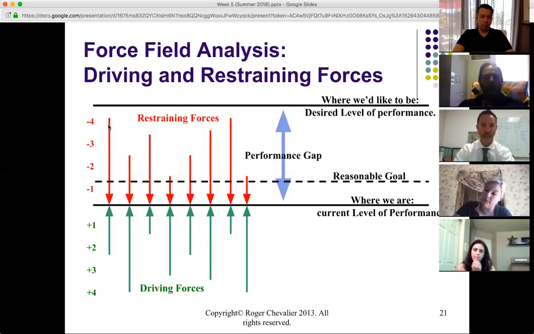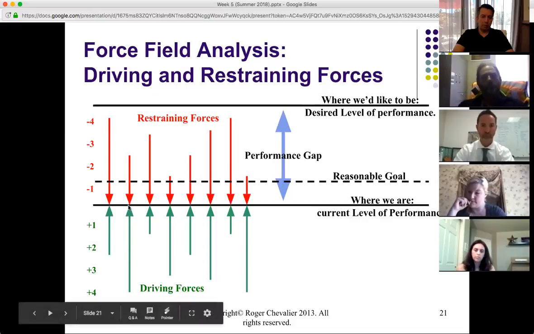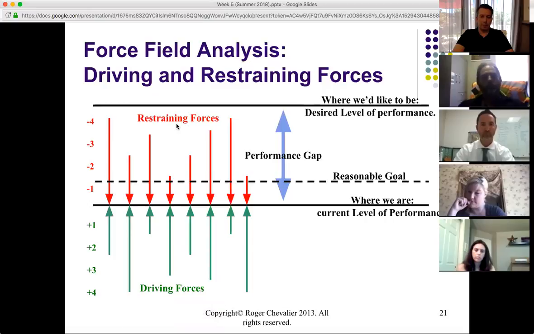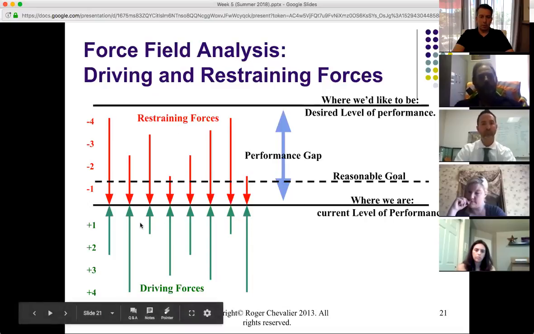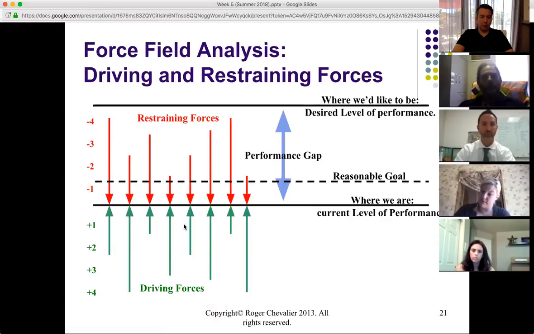They can either be pushing the problem away from where you want to be, or pushing the problem towards the optimal or the goal. So whatever data you find out, it might be good, in other words, these green forces, or it might be red.